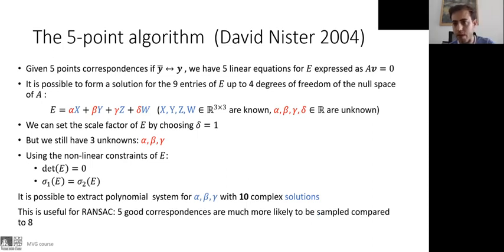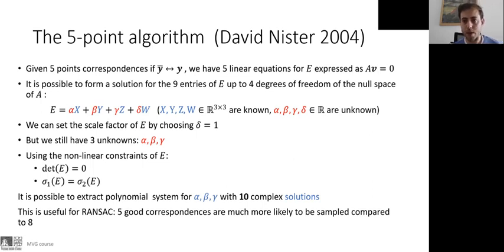Okay, but this is very useful because usually we use robust estimation to estimate the essential matrix, and we'll talk about it next week, I think. Renan will talk about it, but in robust estimation, the most popular method is RANSAC, where we use samples of point correspondences to find a minimal solution for our model.